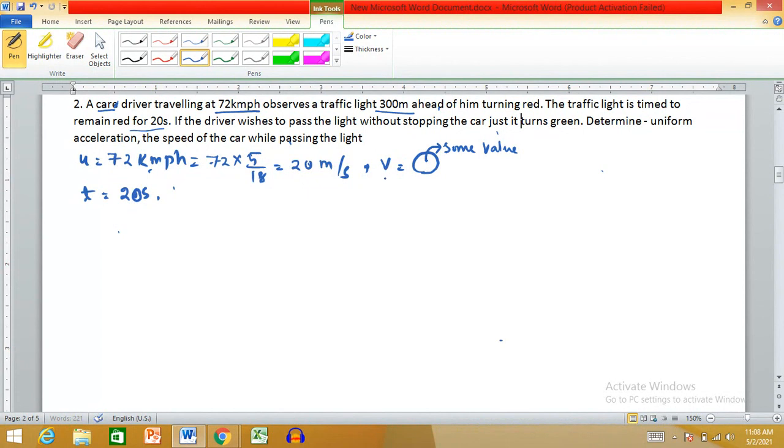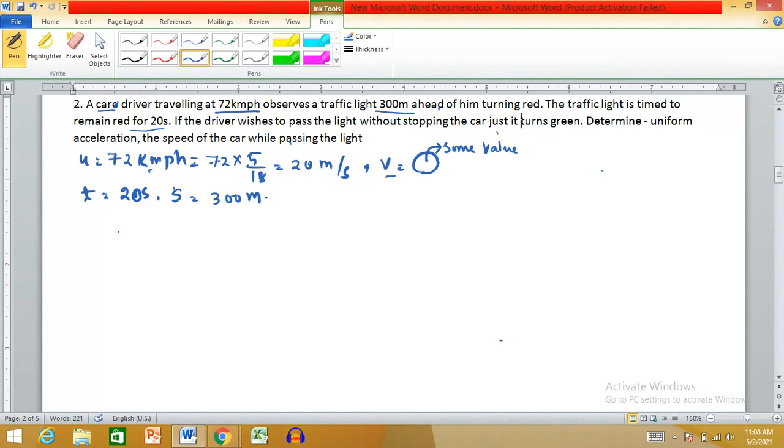And when the light turned green, he has a velocity v, which we will calculate. And the time taken was 20 seconds. So how much distance did he cover? He covered the distance of 300 meters. Got it?